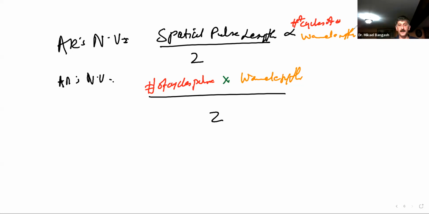Because if you had a pulse with a great number of cycles, that will increase your spatial pulse length. Likewise, if you have a pulse where the cycles had a great wavelength, that as well will increase your spatial pulse length, which will increase the numerical value of your resolution.